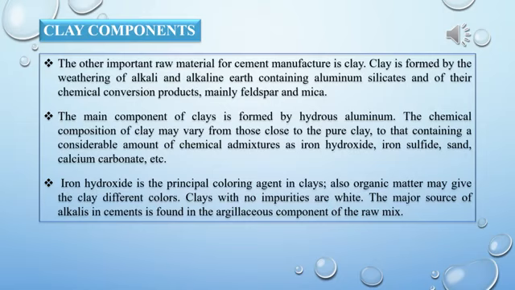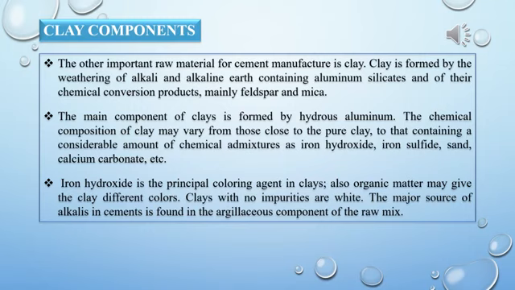The main component of clay is formed by hydrous aluminium. The chemical composition of clay may vary from those close to the pure clay to that containing a considerable amount of chemical admixture such as iron hydroxide, iron sulfide and sand.